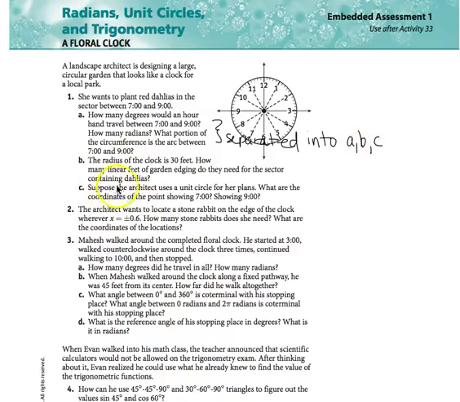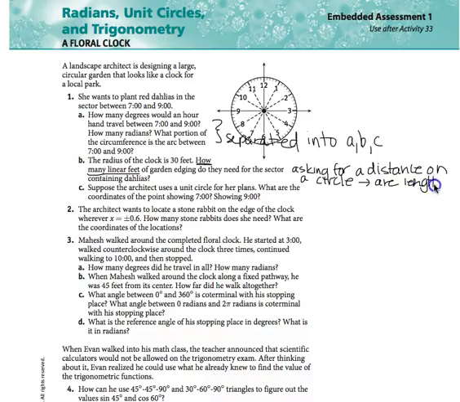Also, we went over this when we unpacked, but I'm going to say it again. When it is asking how many linear feet of garden edging, this is asking for a distance. Whenever it is asking for a distance on the edge of the circle, that means that it's asking you for arc length.